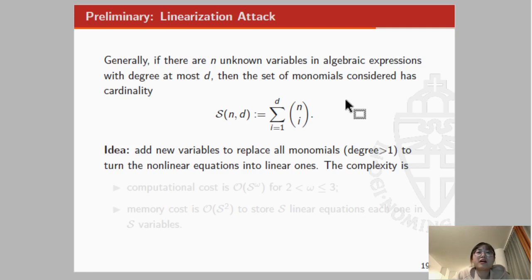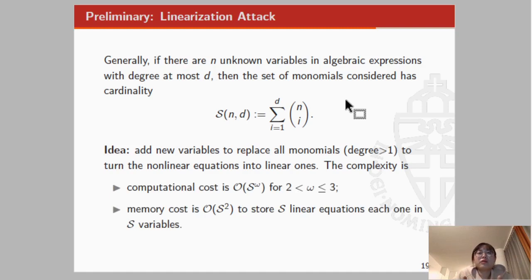Generally, if there are n unknown variables in the expression with degree at most d, the number of monomials in this expression is at most s, as in this equation. So we can add new variables to replace all monomials with degree larger than 1 to turn the nonlinear equations into linear ones.